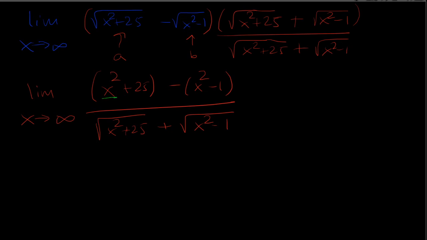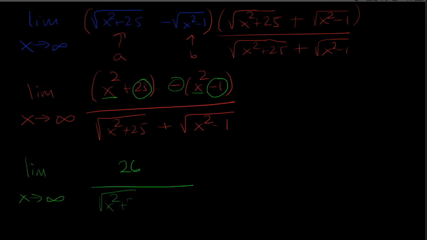Next, we see we have x squared minus x squared, and those are going to cancel. So we have the limit as x approaches infinity, and then 25 minus negative 1 will just be 26. It'll be 26 over the square root of x squared plus 25 plus the square root of x squared minus 1.